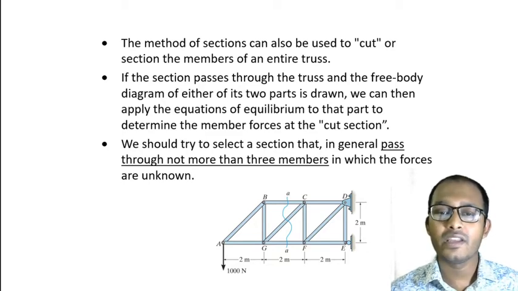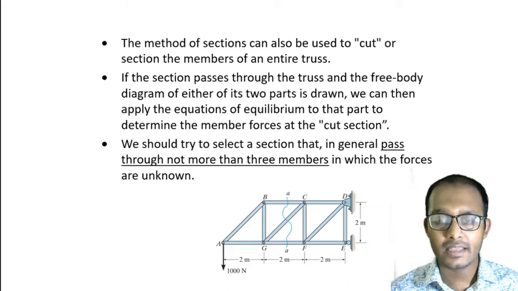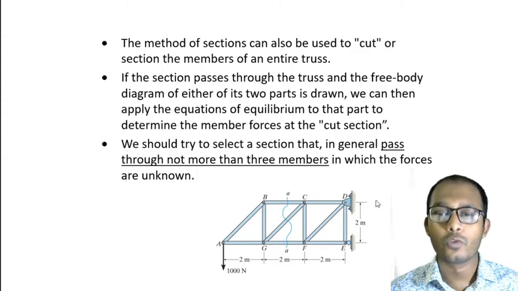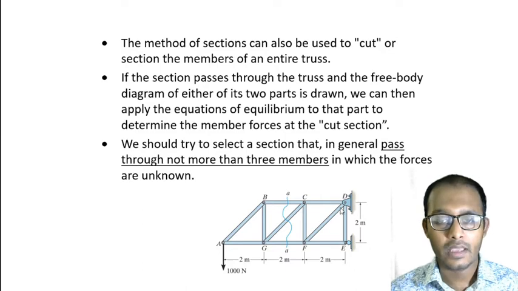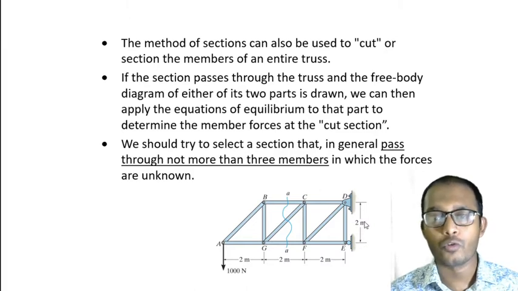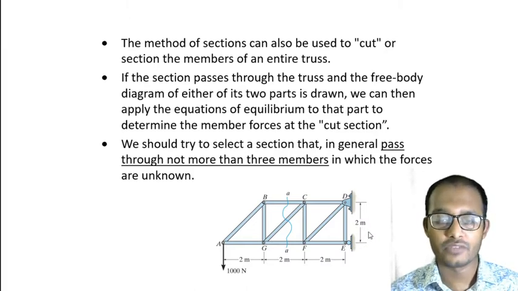Why? If there are more than three members, let me explain from here. You see there is a pin joint here, so there will be two unknown reaction forces, and there are three members here. So in total there will be five unknown forces if I make a cut section from here.